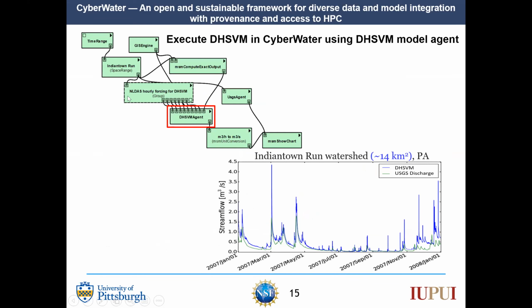And so in this case, we use a different data agent to bring in the forcing data required by the DHSV model. And in this case, we use the NLDAS data agent. And again, you can compare the results with the USGS observed data and show the results here.